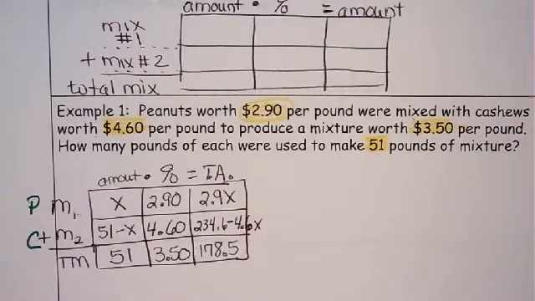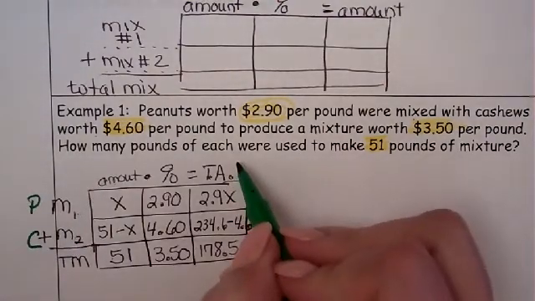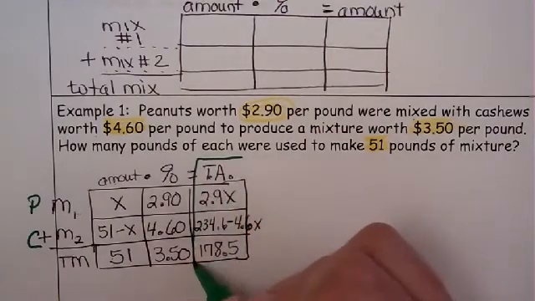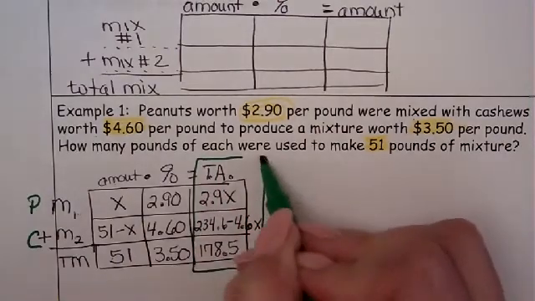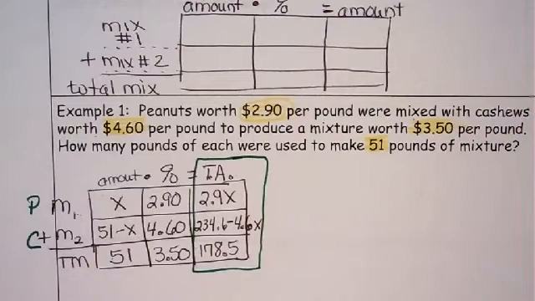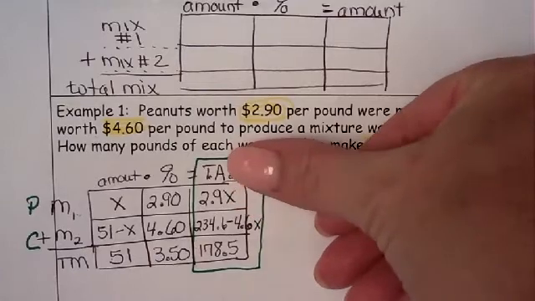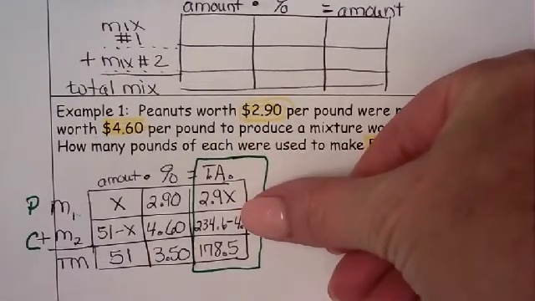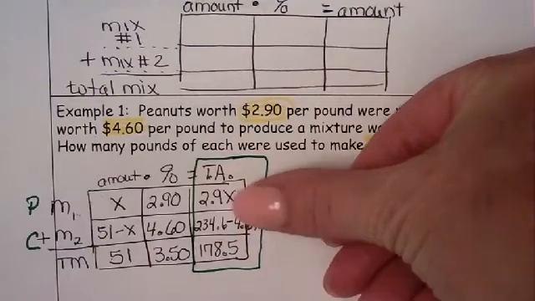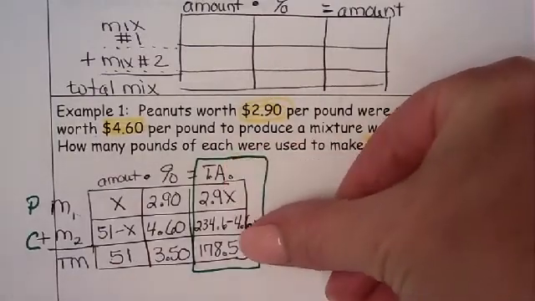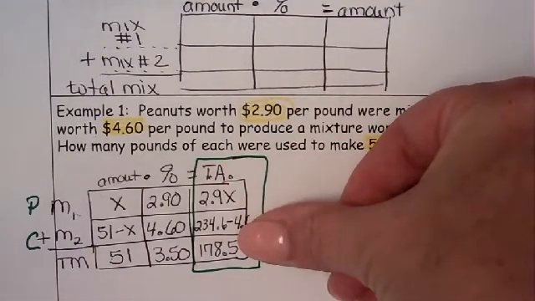Now, I've got the information to make my equation. My equation is actually going to come from right here. My total amount for peanuts plus my total amount of cashews is going to equal the total mixture all put together.